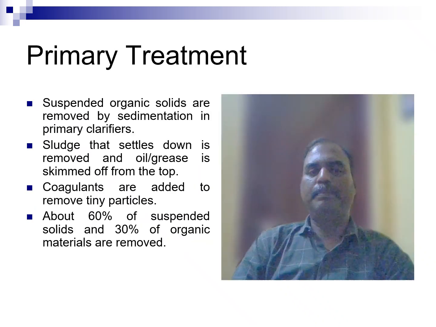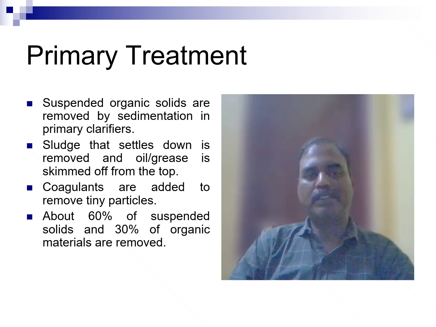Then primary treatment. The suspended organic solids are removed by sedimentation in the primary clarifier, a larger size tank. The suspended particles can easily be skimmed off using the skimmer. The sludge that settles down is removed, and oil and grease are skimmed off from the top.